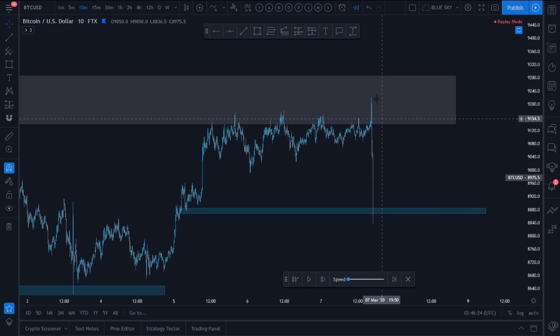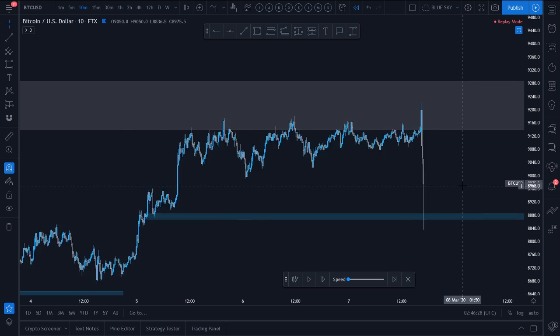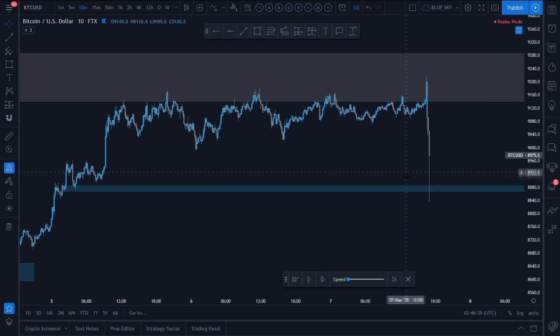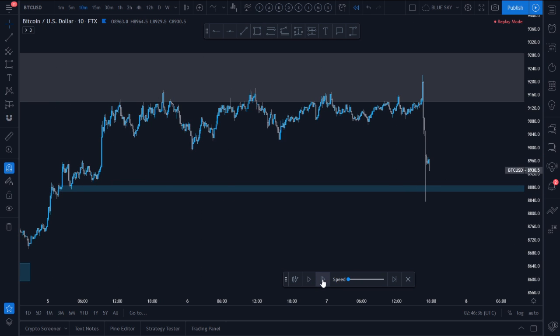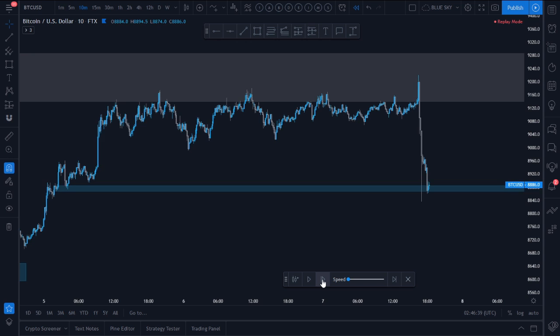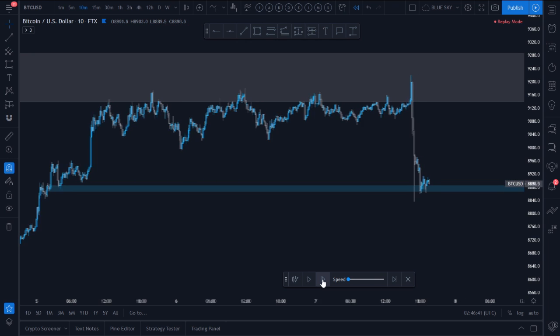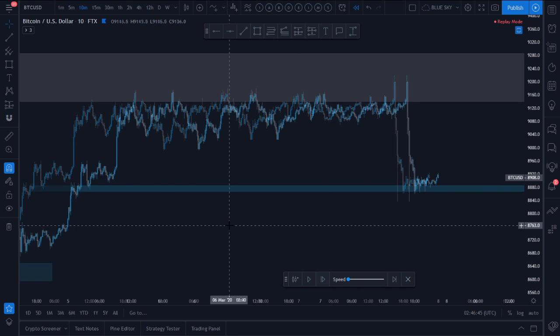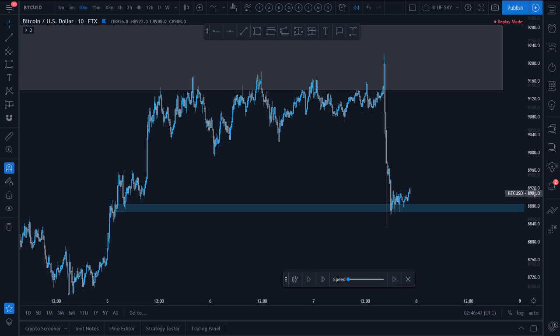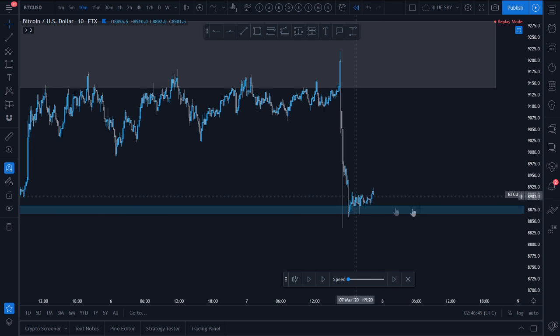As you see, BTC failed to break it or close above it, and it wicked below this demand zone as well. But as you see, it kinda reacted on this demand zone here.